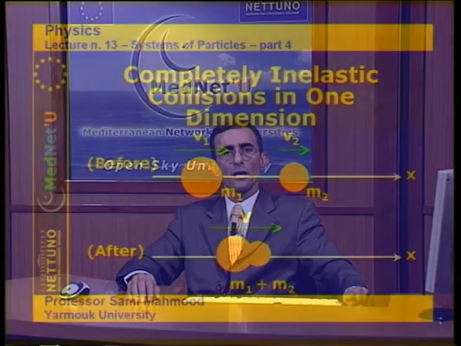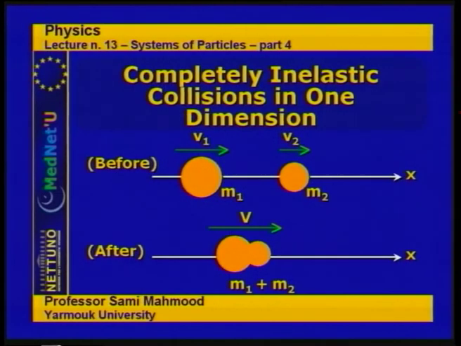The mass of the resulting object is simply m1 plus m2, and that combined object moves with a final velocity after collision, which we call capital V. So capital V is the final velocity of the combined objects, and the motion is along the x-axis.